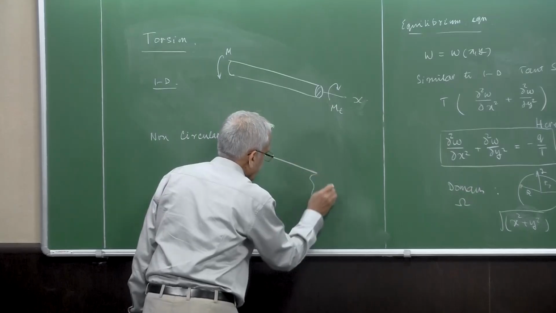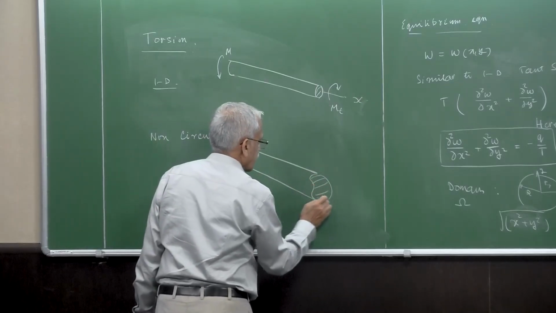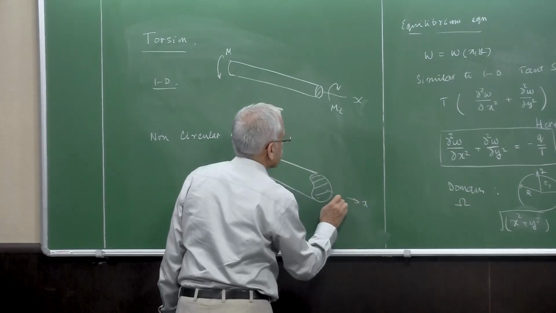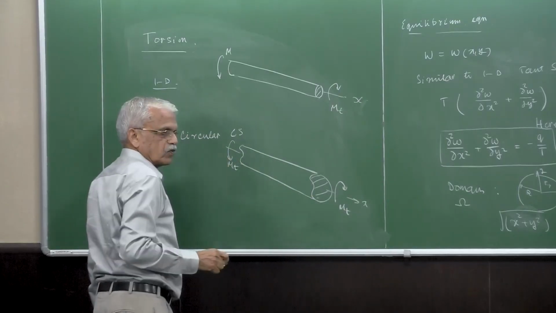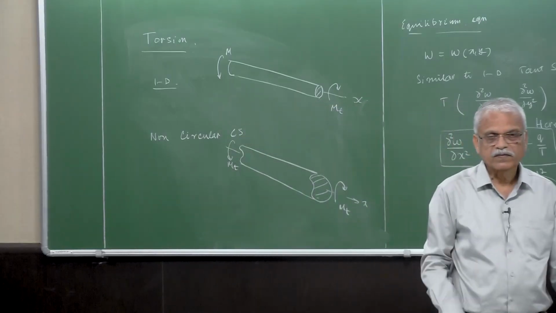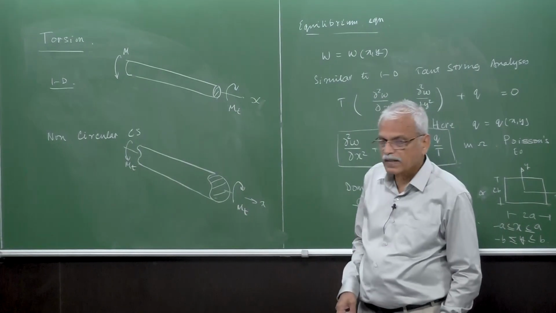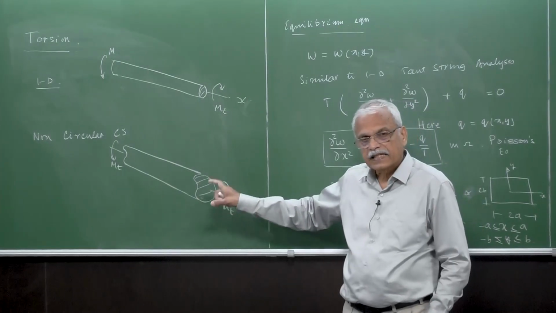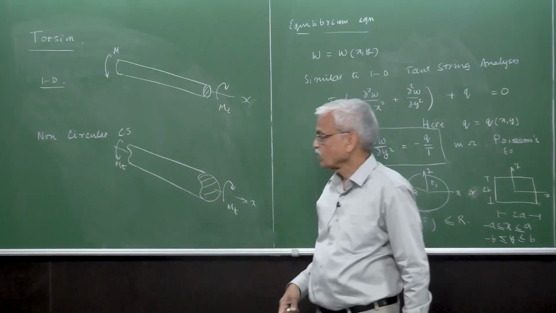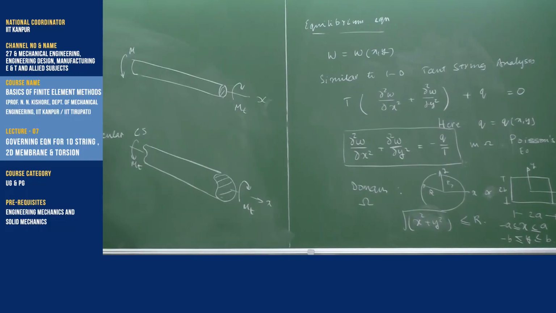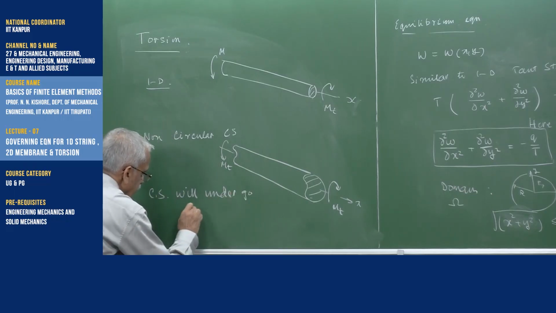On the other hand, for a prismatic bar with non-circular cross sections subjected to twisting moments, the solution is a little complex, in the sense that the cross sections will not remain plane as they did here. Cross sections will undergo warping.